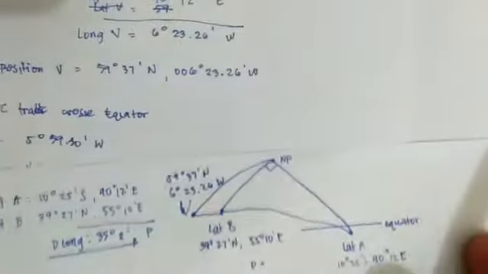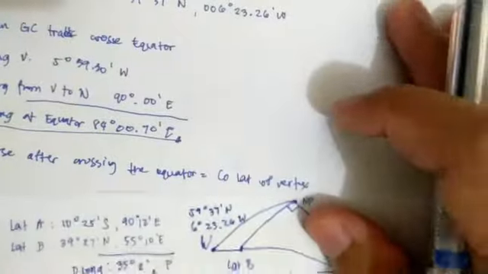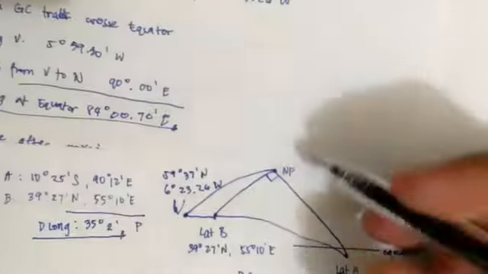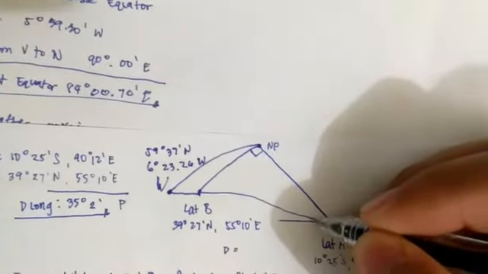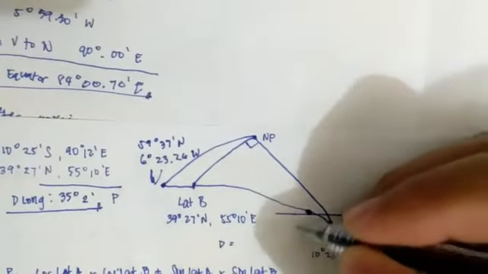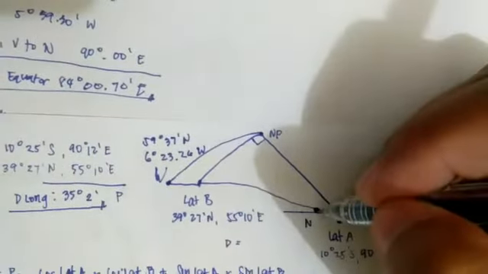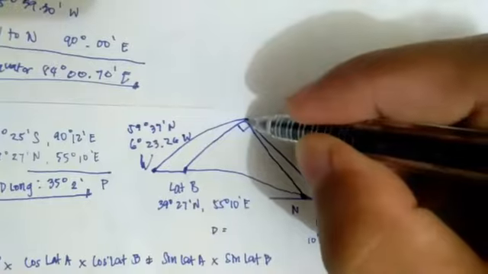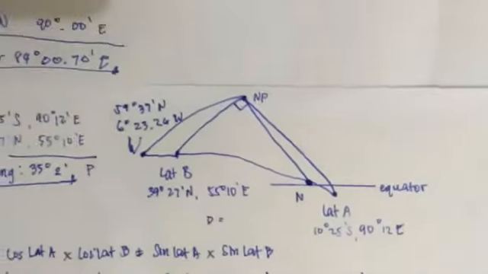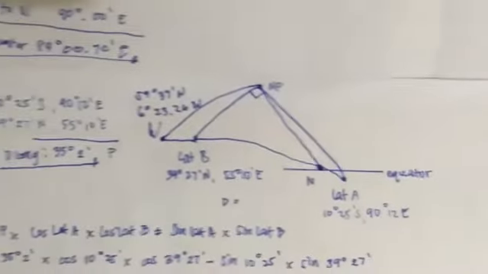And lastly, the longitude of our equator is probably here, and that would be labeled as N, and that would be our final great circle track.